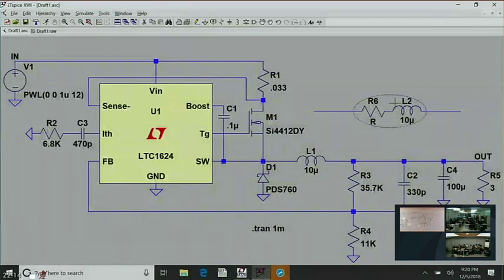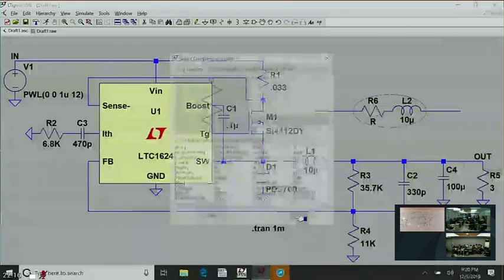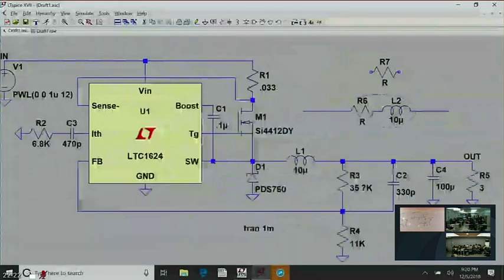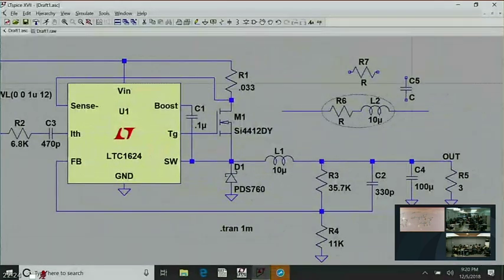Then, if you add surface mount components, another resistor and a capacitor around the inductor like this, and you pick this RC time constant to equal this L over R time constant, this time constant of integration cancels this time constant of differentiation.